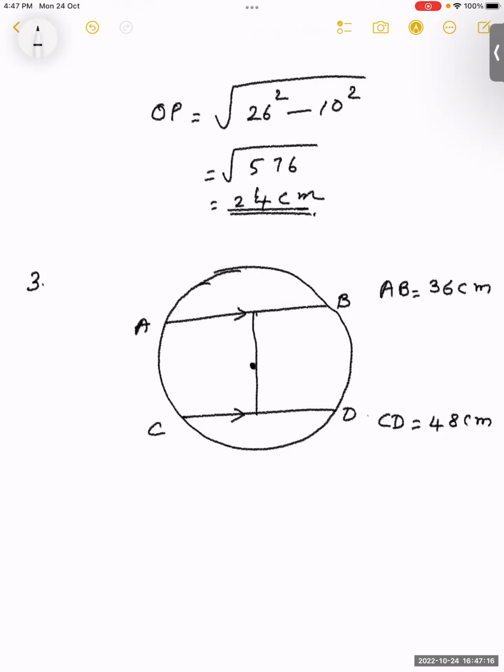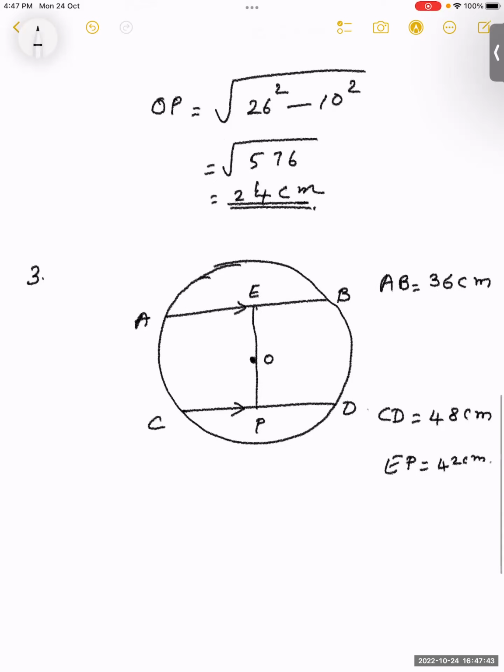So this entire thing is 42. Let me name it EP, and this is O. So EP is equal to 42 centimeter, the entire distance between the two chords they have given. Find the radius of the circle. So you need to find the radius.